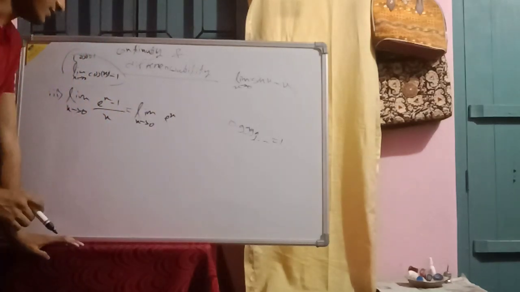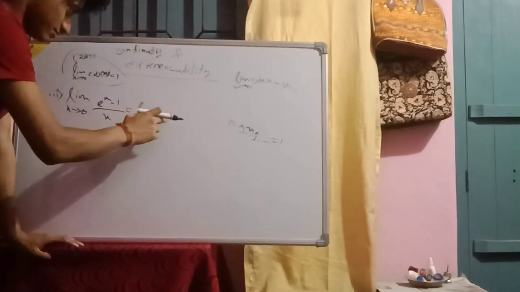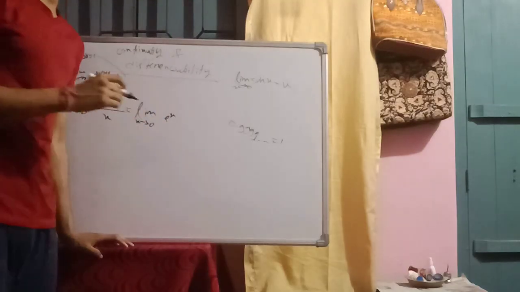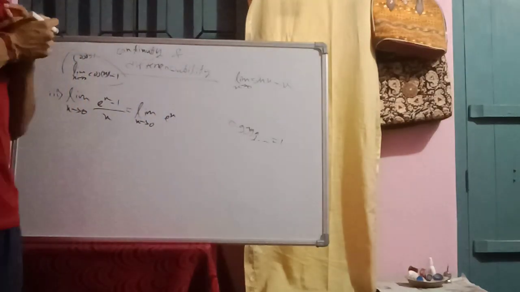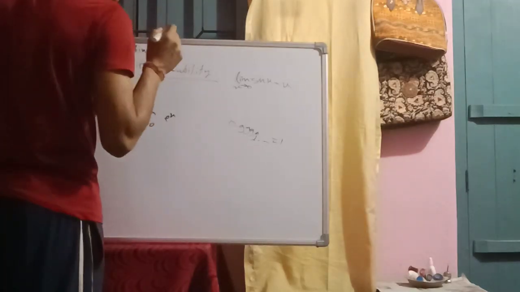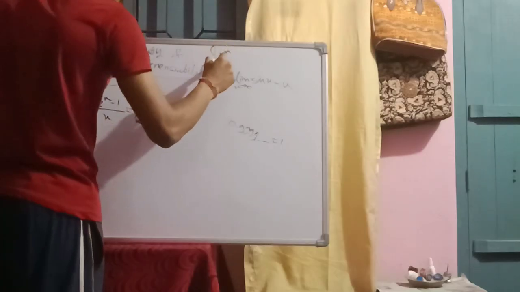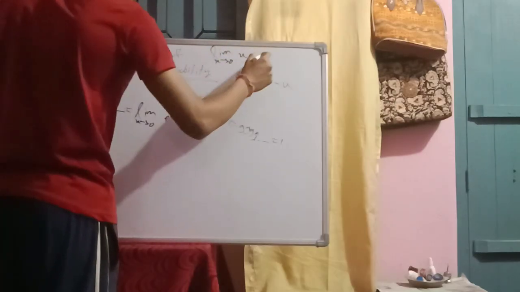You can basically plug in 0 for this x because we know that as something approaches a specific number, we can basically say that it becomes that number because the value is going to be almost the same. Limit of x tends to 0 of x equals 0.